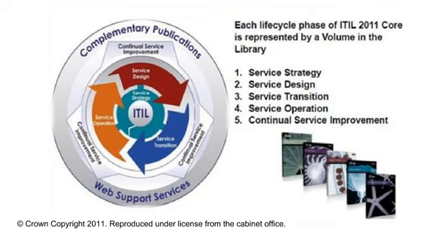The ITIL complementary guidance, a complementary set of publications with guidance specific to industry sectors, organization types, operating models, and technology architectures. The ITIL core consists of 5 publications, Figure 1.2.